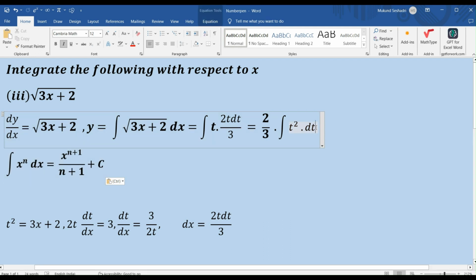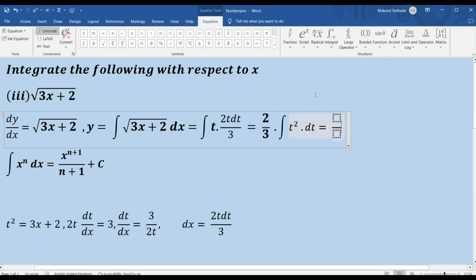And I apply the same formula and I get 2 by 3 times integral of t square dt, which is nothing but t to the power 3 divided by 3, right? Which means I have 2 by 9 times t to the power 3.